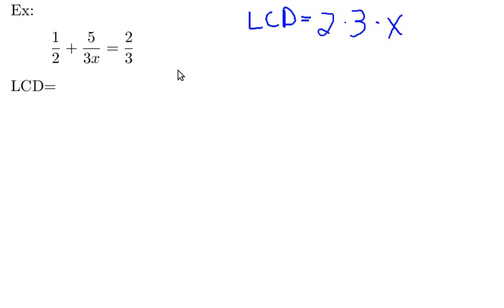So how many 2's is it going to have? 2 occurs at most one time, so it's going to occur once here. 3 occurs at most one time, because it occurs once here and once here, no times here. So it's going to have one of them here. x occurs one time, so it's going to have x here. So this is going to equal 6x. The lowest common denominator is 6x.